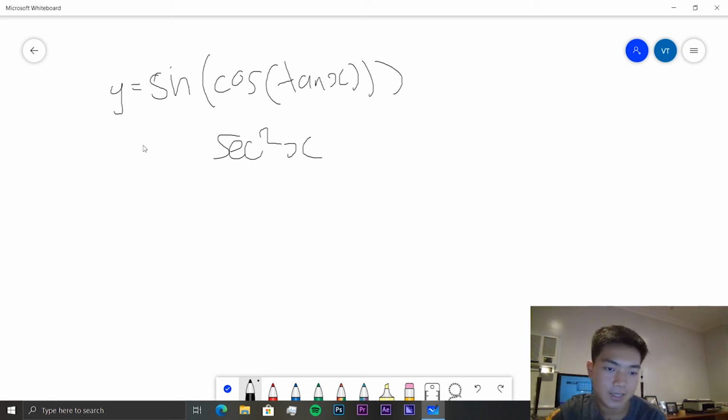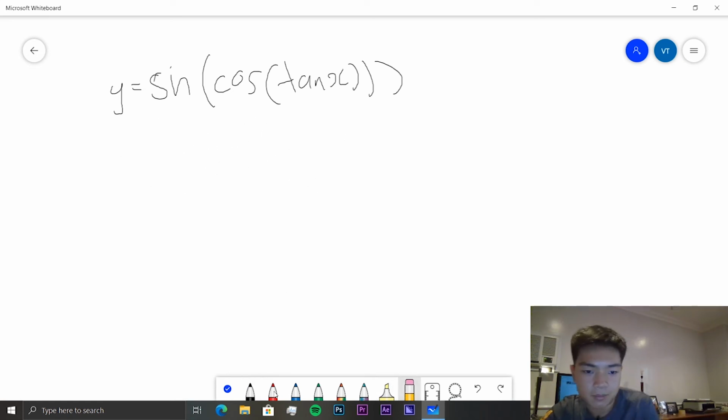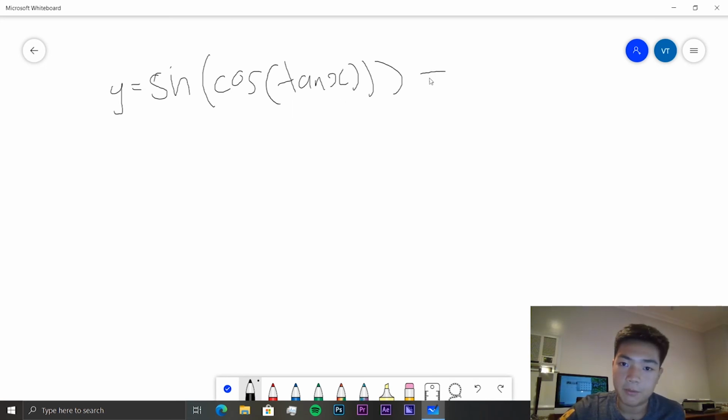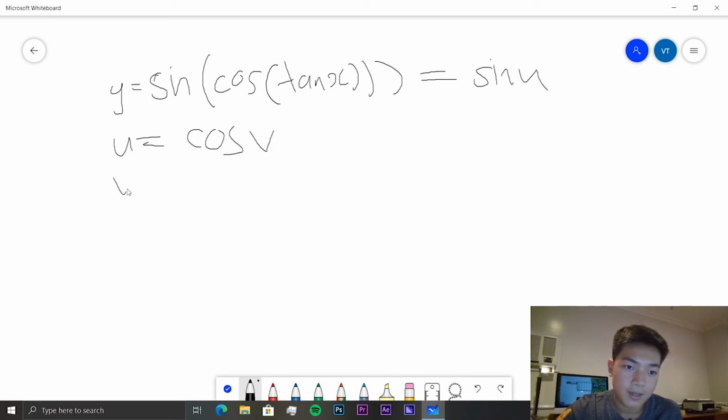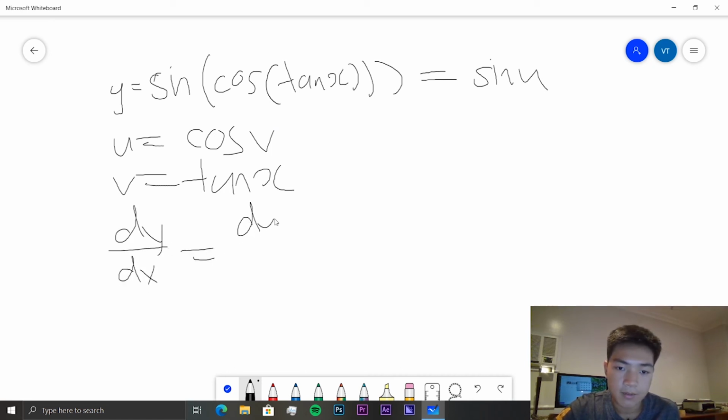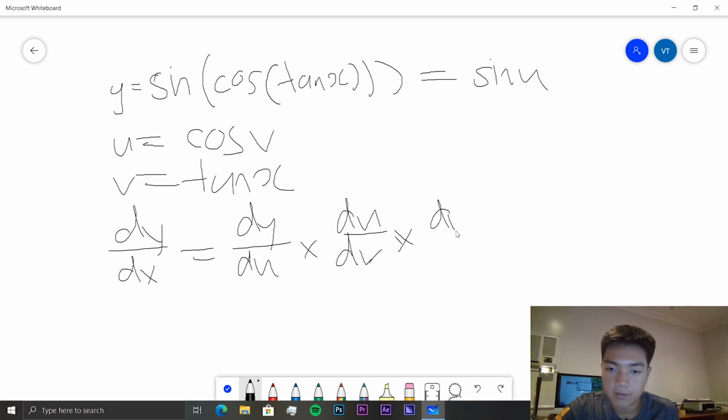Let's write this out properly. We have y equals sine u, u equals cosine of v, and v equals tangent x. So dy over dx is equal to dy over du times du over dv times dv over dx. So let's fill out the blanks.